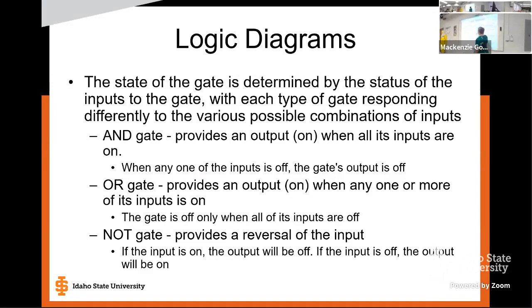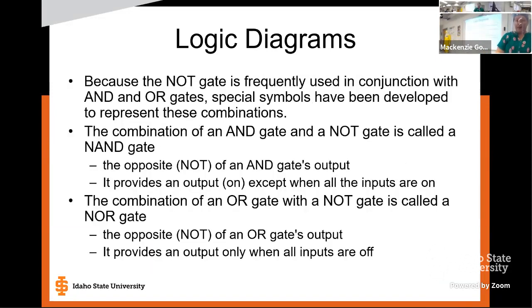An AND gate provides an on output when all its inputs are on, and if any one input is off, the gate is off. Okay? Or it's on when any one or the other is on, and off only when all of its inputs are off. And the not is the reverse of the and, right? If the input is on, the output will be off, and so forth. Okay? All this is review so far? Okay.